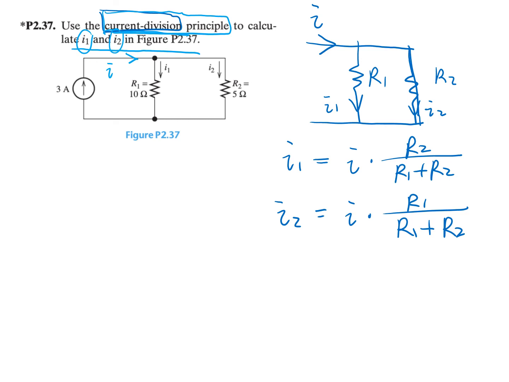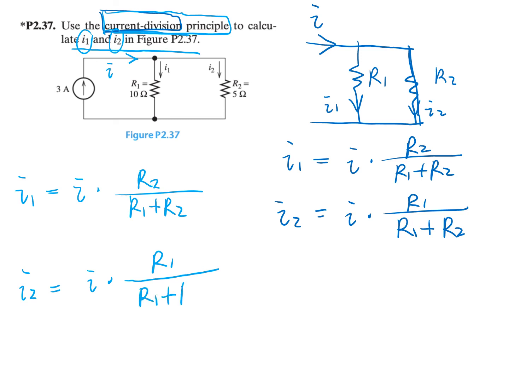So we have I1 is equal to I times R2 over R1 plus R2, I2 is equal to I times R1 over R1 plus R2. Let's substitute in the values. We are going to get I1 is equal to 2 amp and I2 is equal to 1 amp.